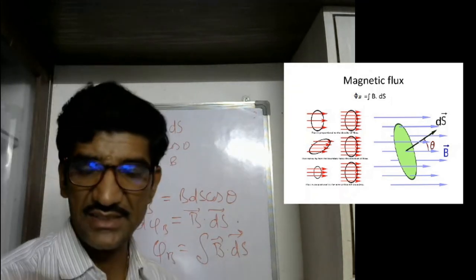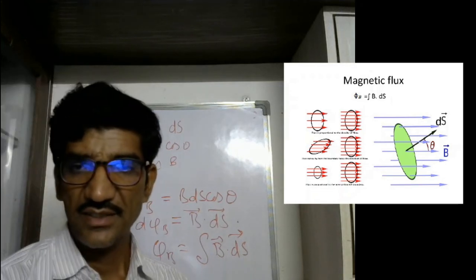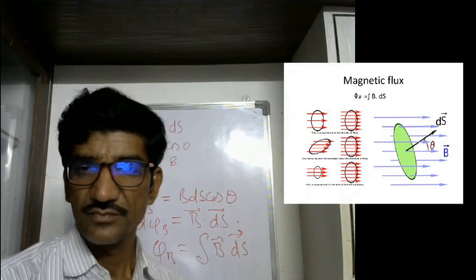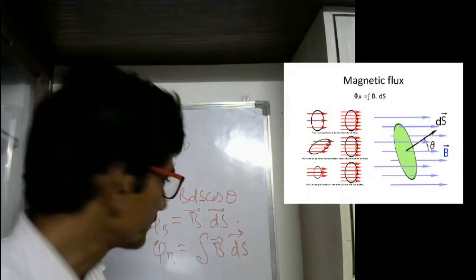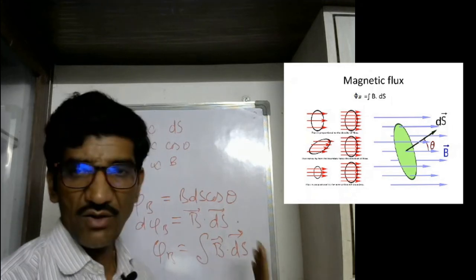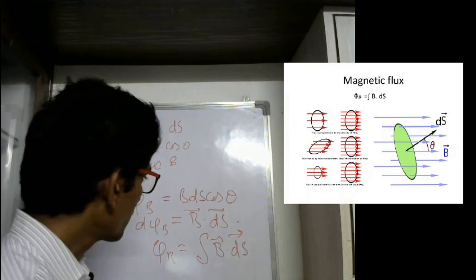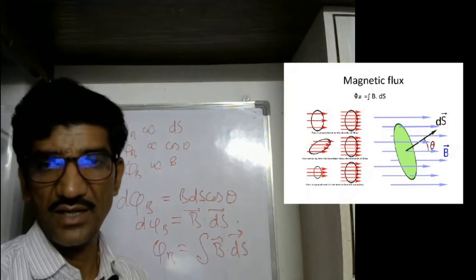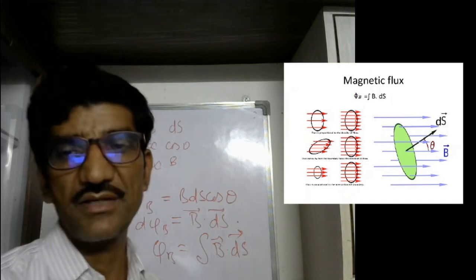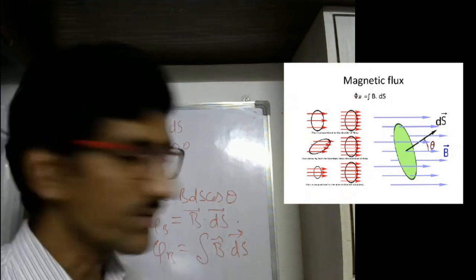You can see that in the diagram. So phi b is equal to b dot ds, or b ds cos theta. Otherwise, you may take this ds cos theta as the component of ds in the direction of b also.